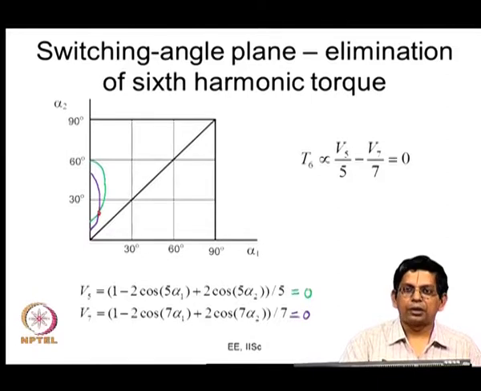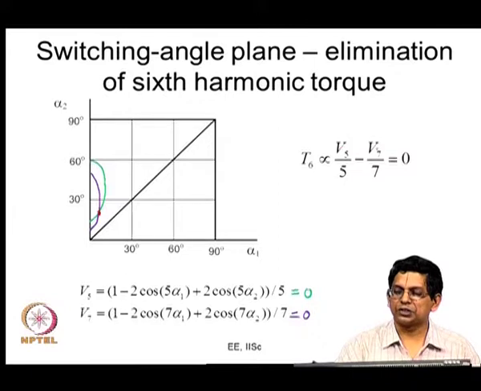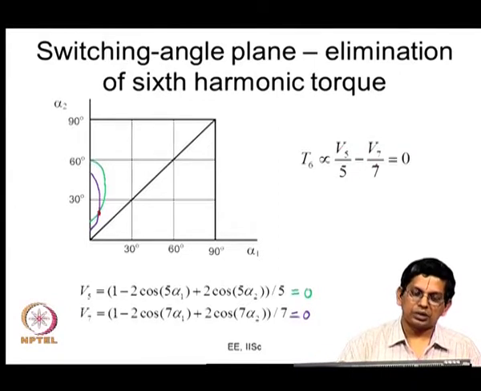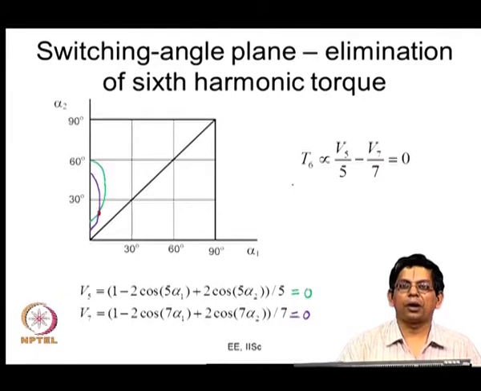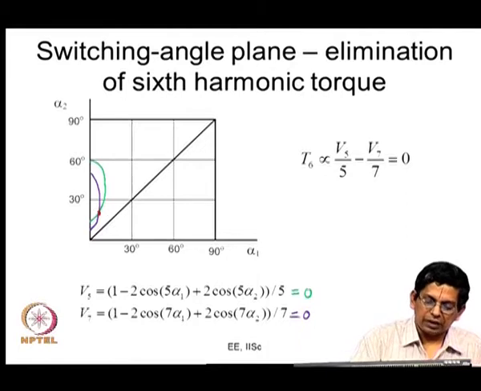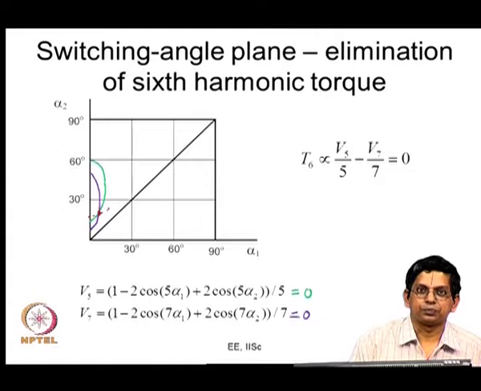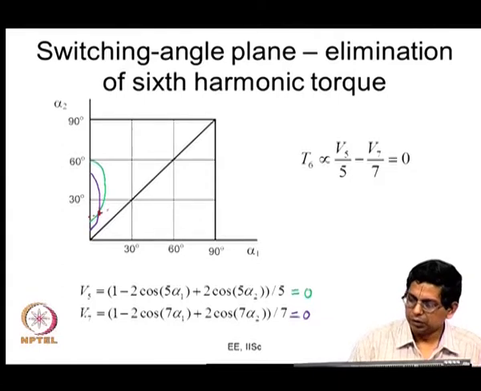But at that point your sixth harmonic is 0, which is a particular case of V5 by 5 minus V7 by 7, where V5 is 0 and V7 is also 0. So, you have this point. Now, what you can do is look at the set of all points where that is 0. You would actually find that maybe there are a few points like this, a few points like this. You solve for this equation.